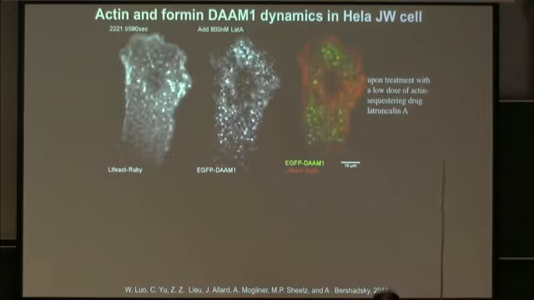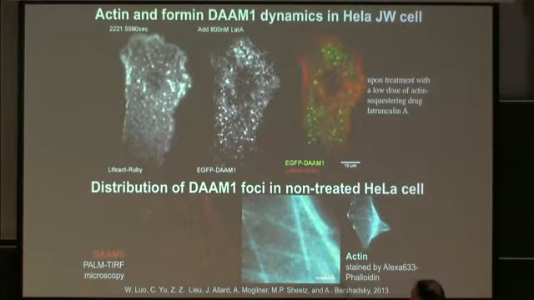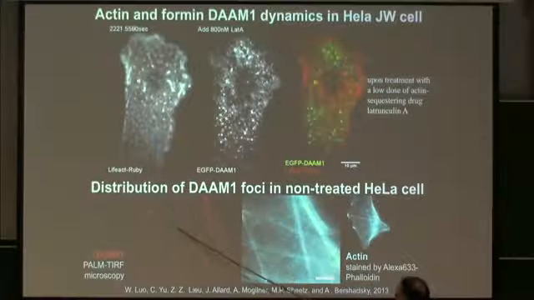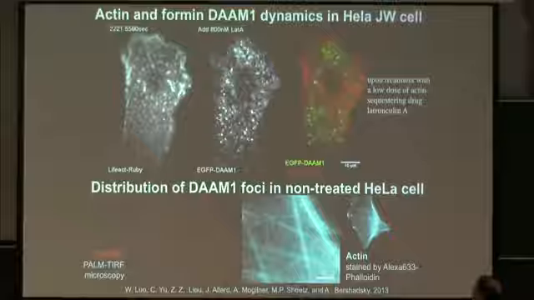In a way, this is proof that such patches are not created by latrunculin treatment, because if you look at non-treated cells using PALM super-resolution microscopy, you will see that patches of this formin DAAM1 can be easily found in cells that were not treated with latrunculin.